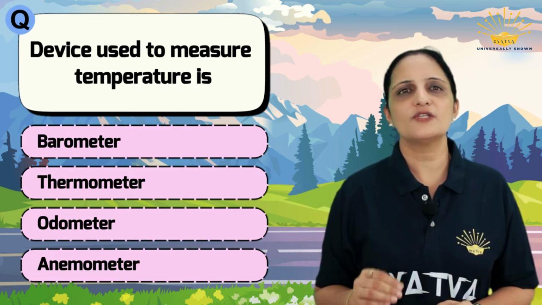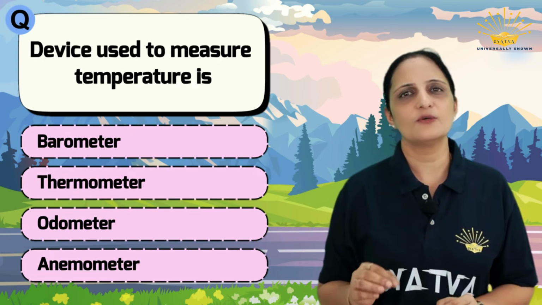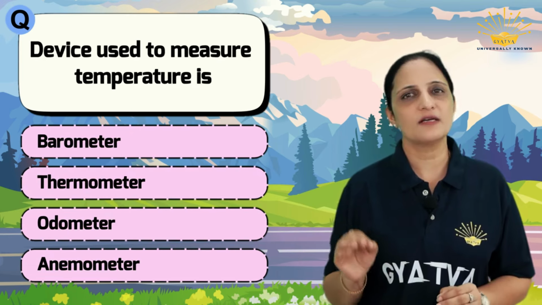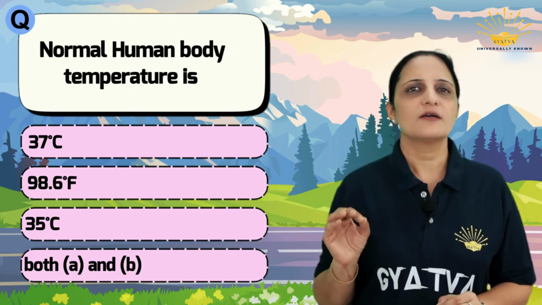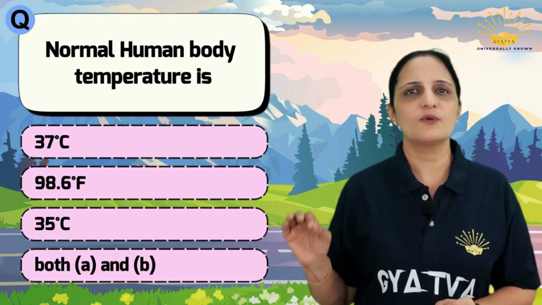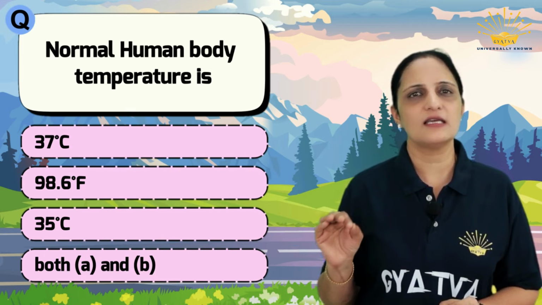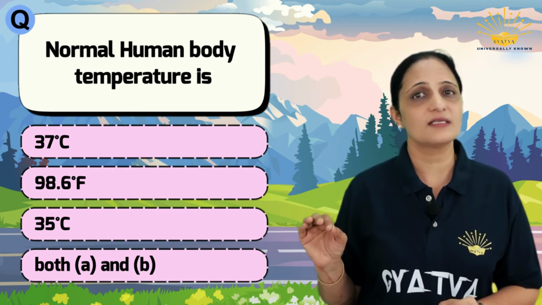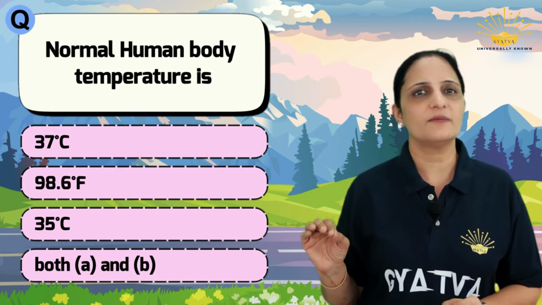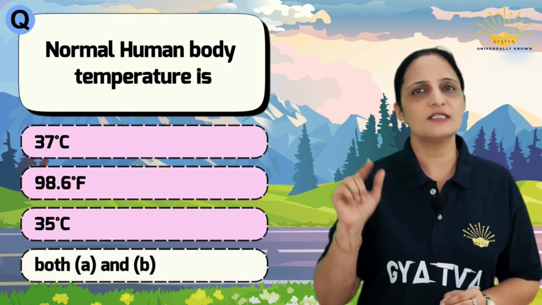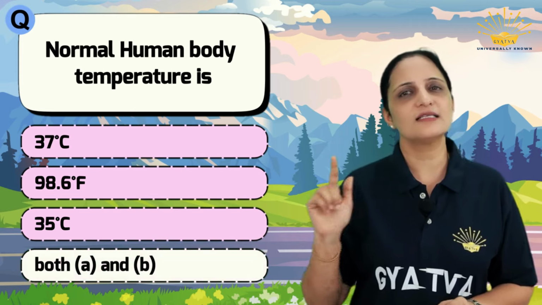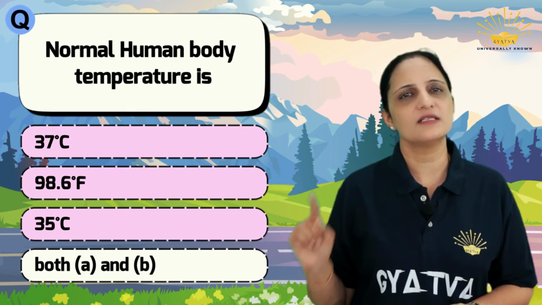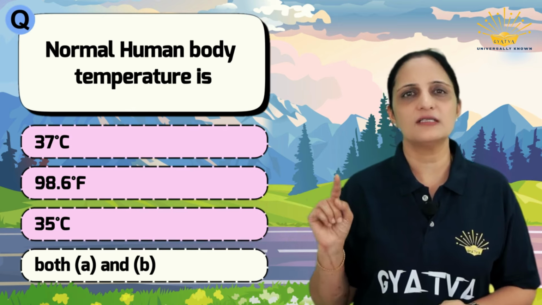Device which is used to measure temperature: barometer, odometer, thermometer, or anemometer. It is a thermometer. Question number 20. Normal human body temperature is 37 degrees C, 35 degrees C, 98.6 degrees Fahrenheit, or both A and B. So the correct option is D. Because Celsius as well as Fahrenheit, they both read the same. So the correct option is D.